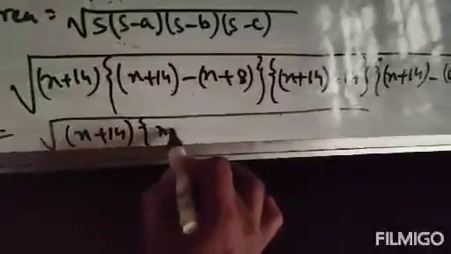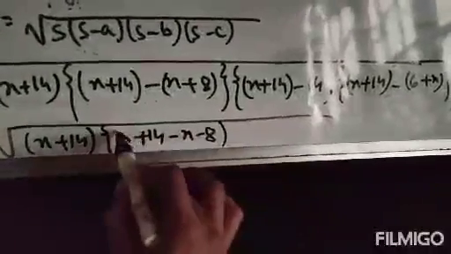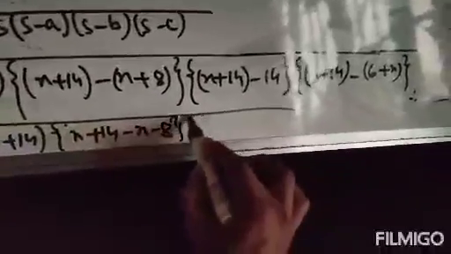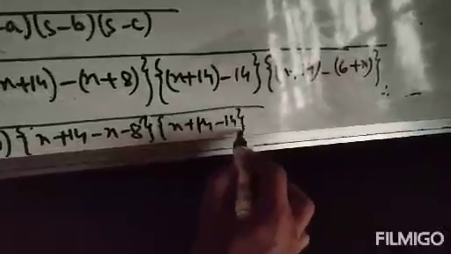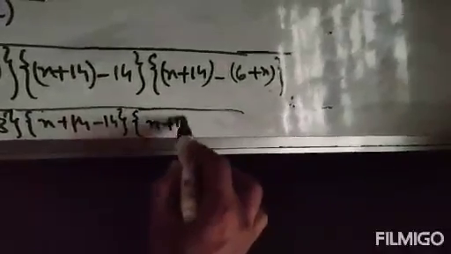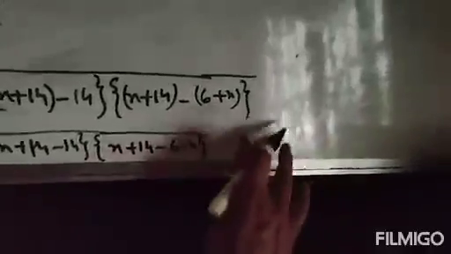Now this will be x plus 14 minus, and if we remove the bracket, it is x minus 8. So make it in a second bracket, x minus 8. Same, just open the bracket, x plus 14 minus 14, and x plus 14 minus 6 minus x.